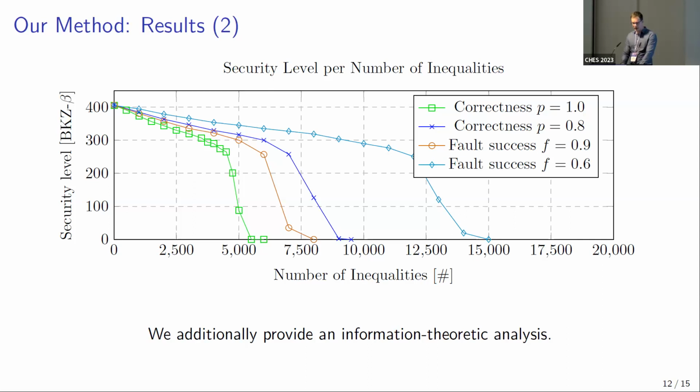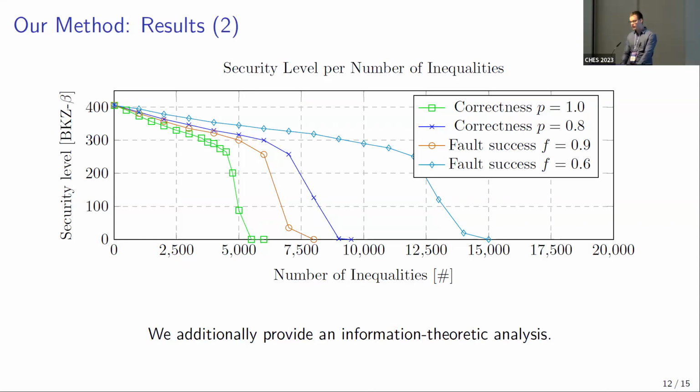On the y-axis, we have the security level in BKZ beta. That means the block size that an attacker needs to have after this attack to solve for the secret key. Higher block size means computationally more expensive. And on the x-axis, we have the number of inequalities that were retrieved in an attack. We do this in several scenarios, 2 of which are shown here.